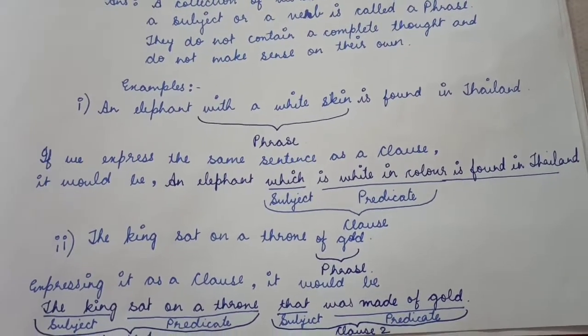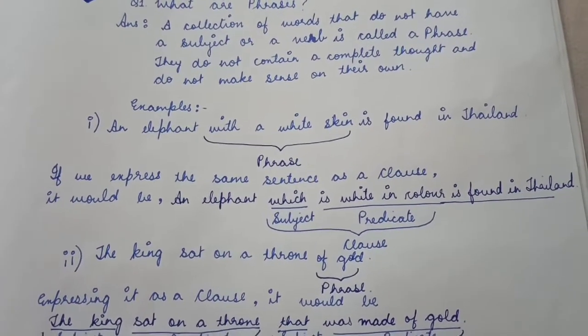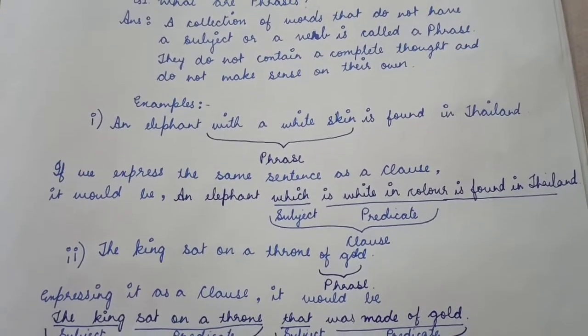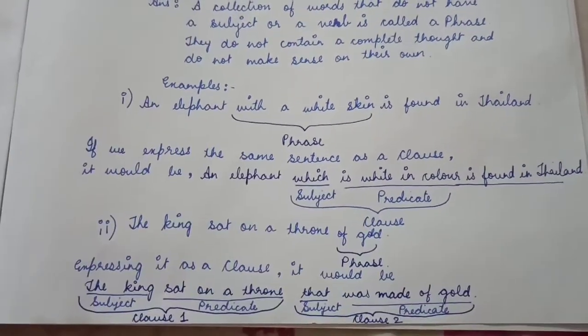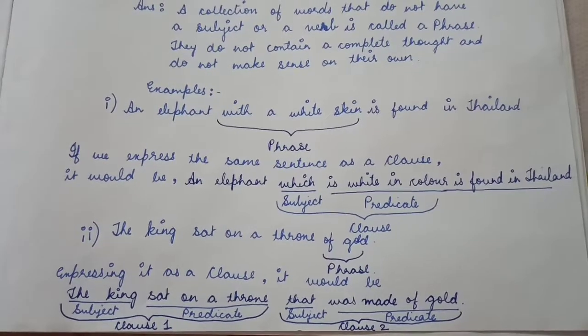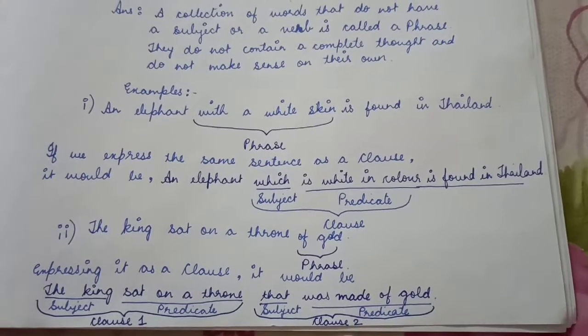It is a phrase because it does not have a subject or a verb, and also it does not convey a complete thought. Now, if we express the same sentence as a clause, it would be an elephant which is white in color is found in Thailand.